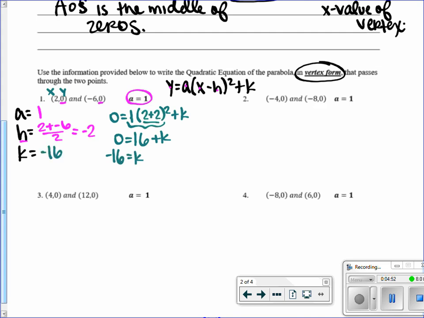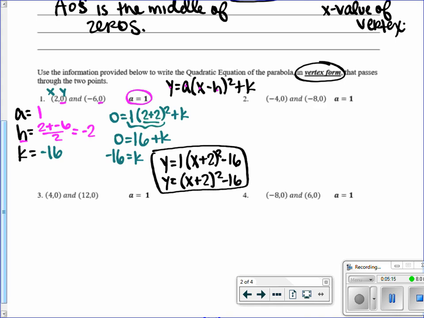Which means we now have a, h, and k and can write vertex form. So y equals 1 times (x minus -2, so plus 2) squared minus 16. Or if you want, you don't have to write that 1 out in front. So (x plus 2) squared minus 16.